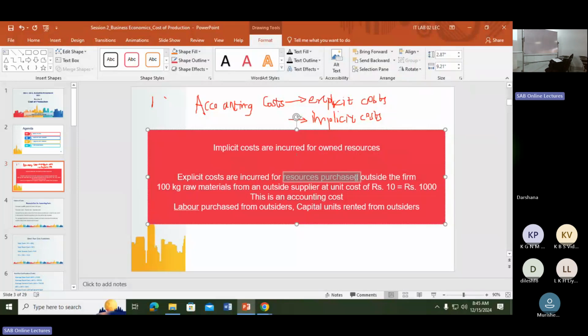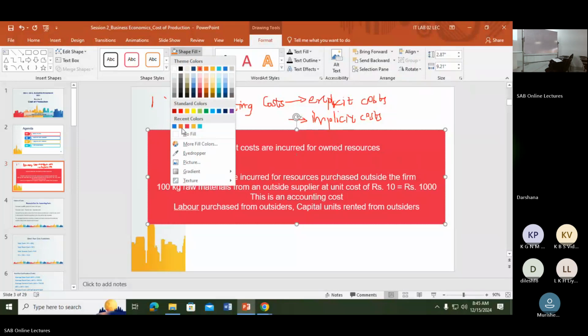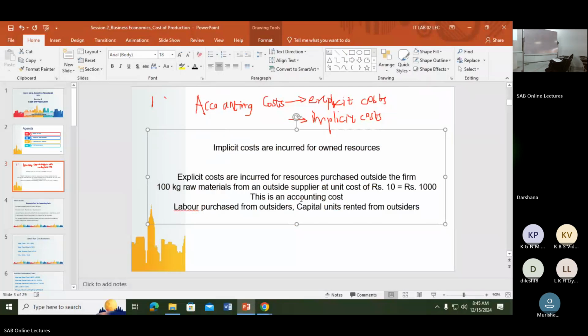Not only the resources purchased outside the firm, firms can use their own resources. For example, sometimes the firm owns a machine.